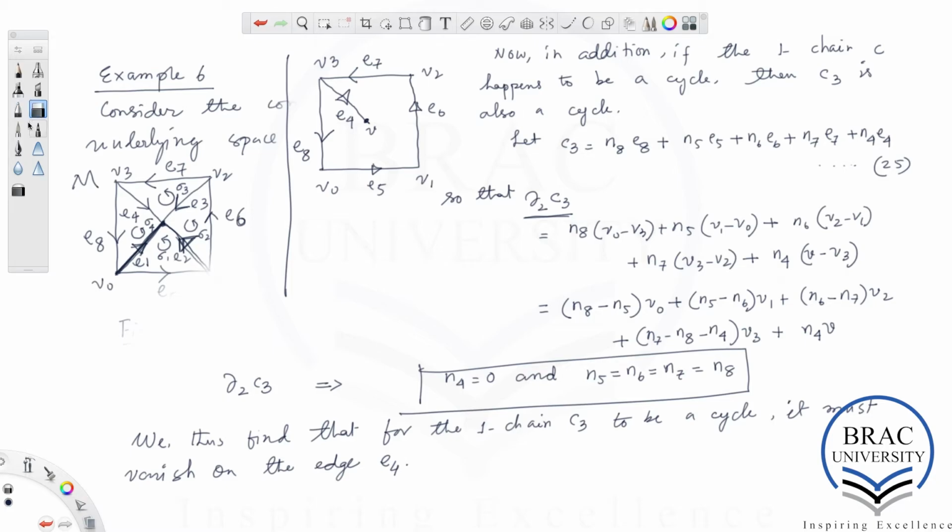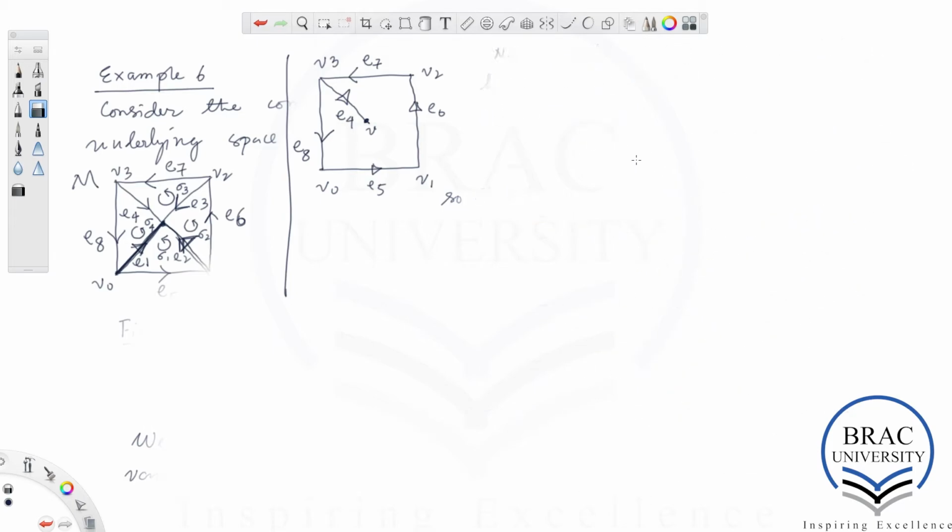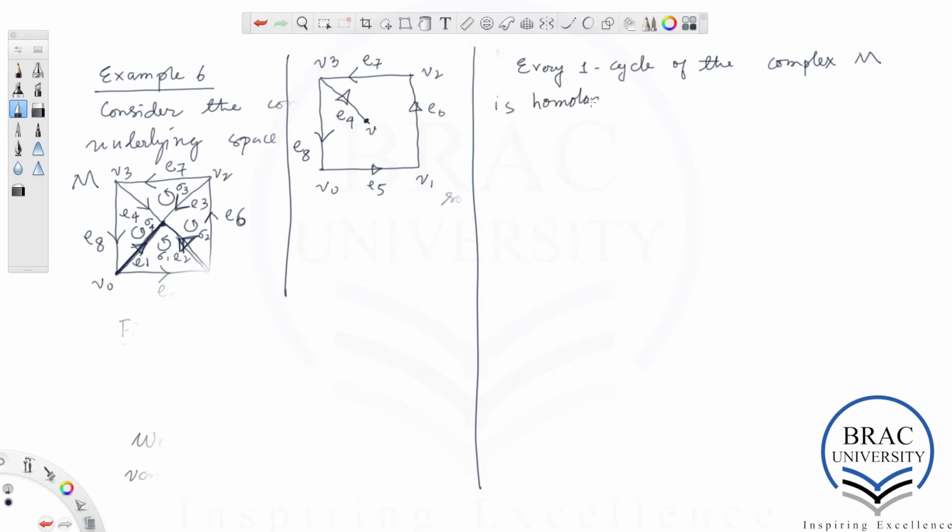All right. So it means that every one cycle of the complex M is homologous to a one cycle that is carried by the boundary of the square.